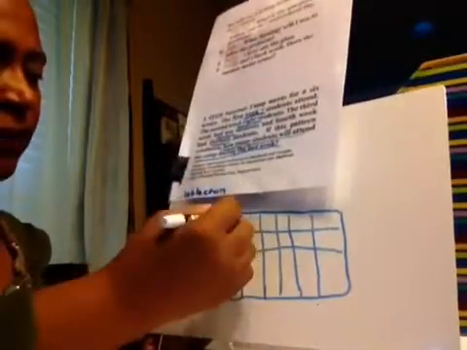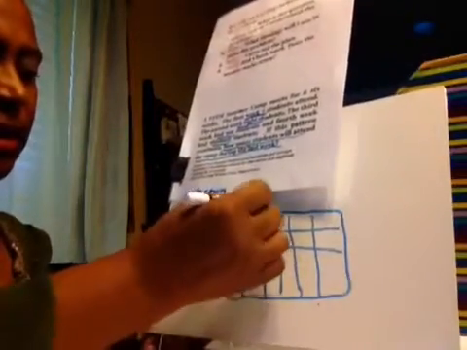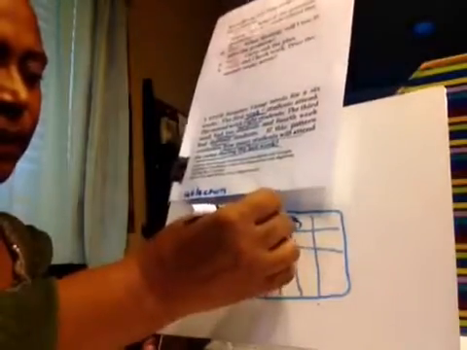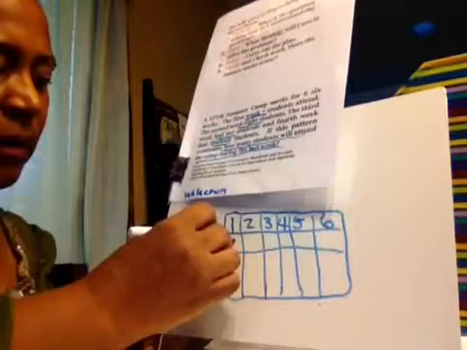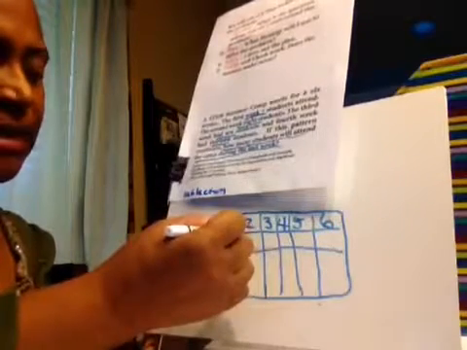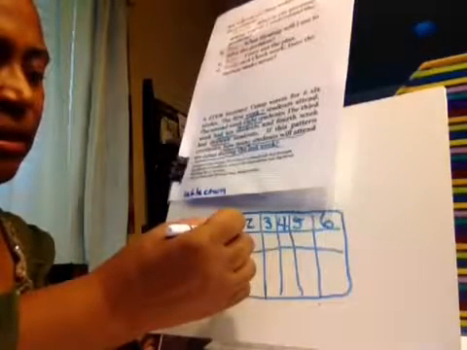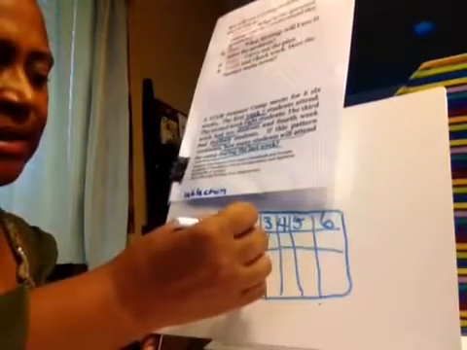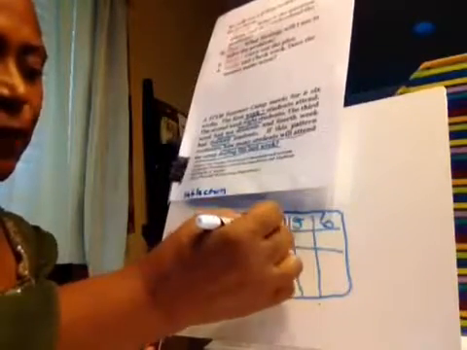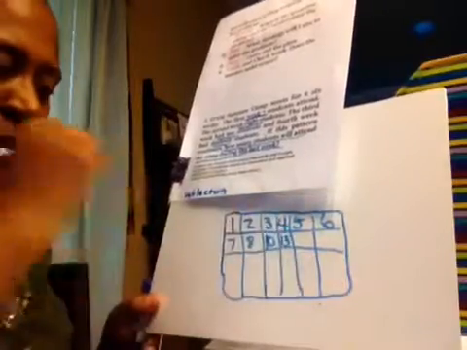Okay, so we have our first week, second week, third week, fourth week, fifth week, and our 6th week. It told us that the first week had 7 students, the second week had 8 students, the third week had 10 students, the fourth week had 13 students.